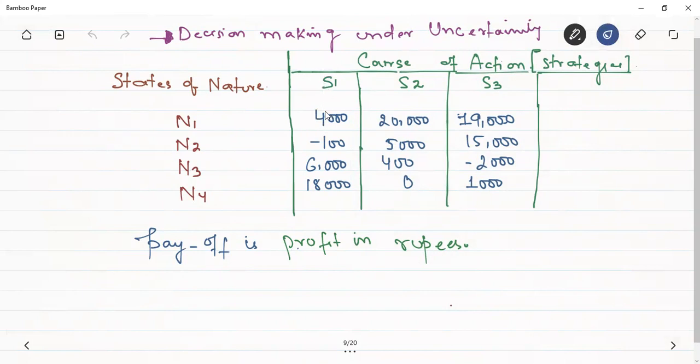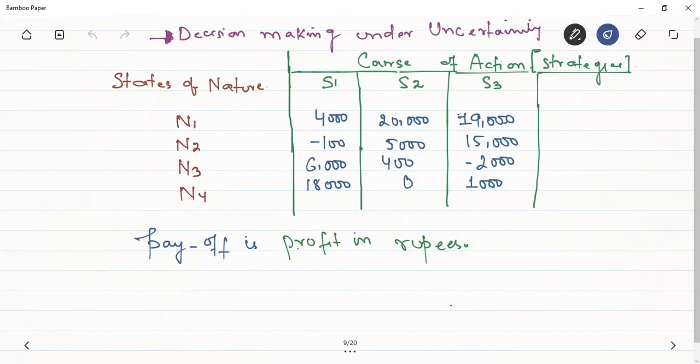In the first strategy, the maximum value is 18,000 and the minimum value is minus 100. From the second strategy, the maximum value is 20,000 and the minimum value is 0. And from the third strategy, the maximum value is 19,000 and the least value is 2,000. So these are the maximum and minimum values.